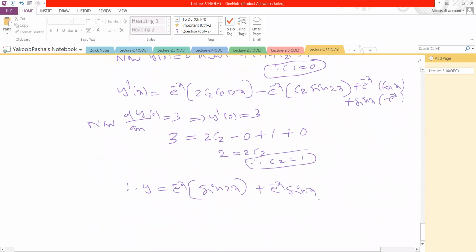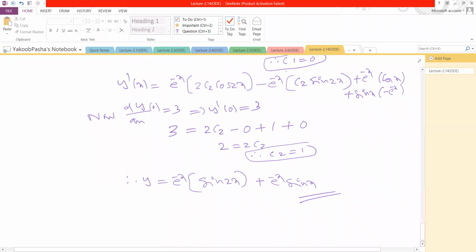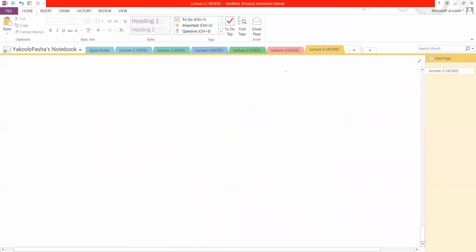Okay, this is the general solution of the given differential equation. Now these are the problems related to linear differential equations of order n with constant coefficients.